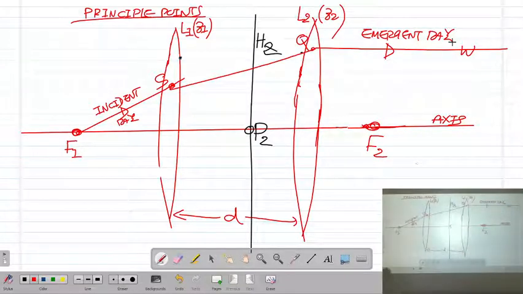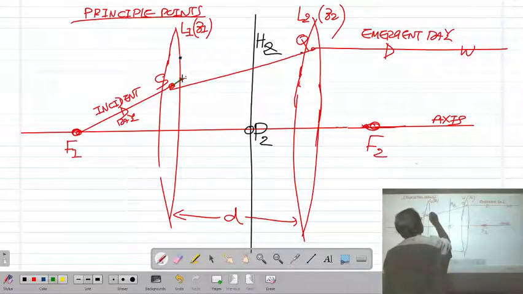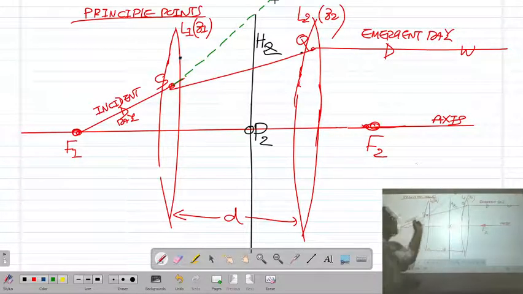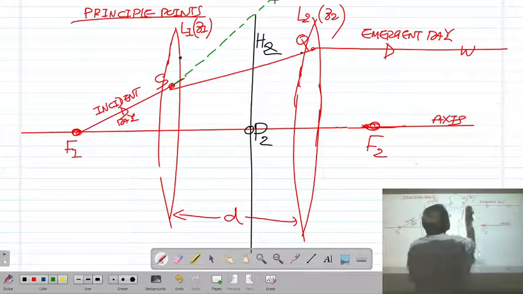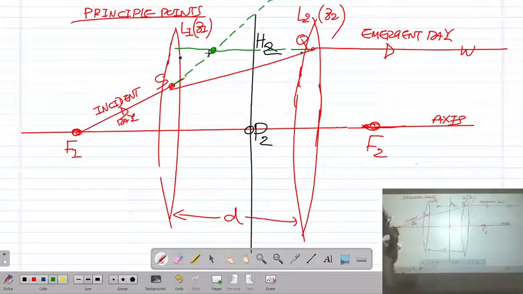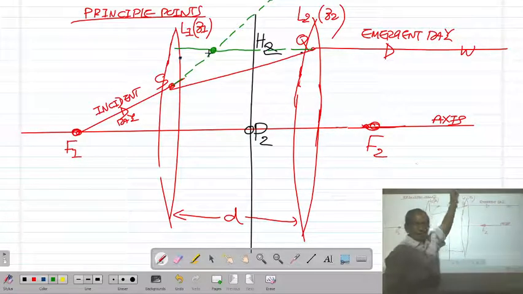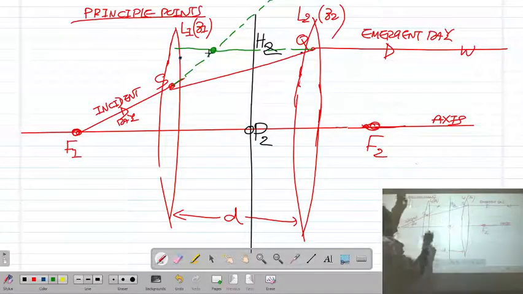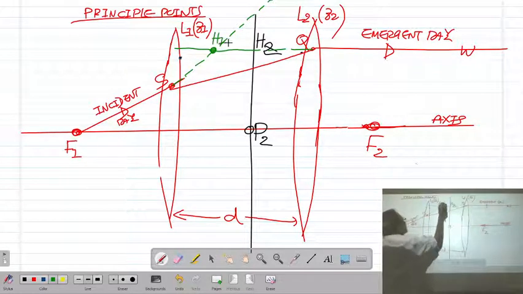Now, if you extend the incident ray in the forward direction and the emergent ray in the backward direction, both the rays meet at point H1.